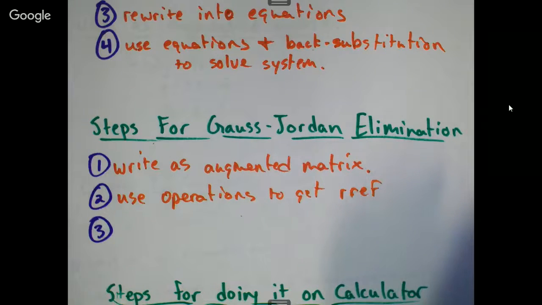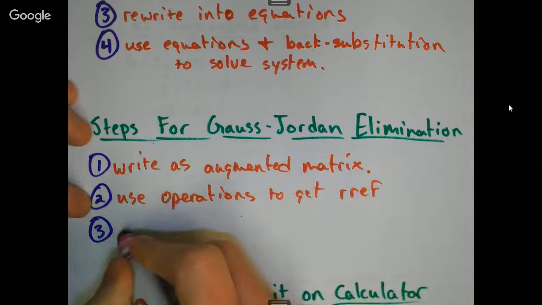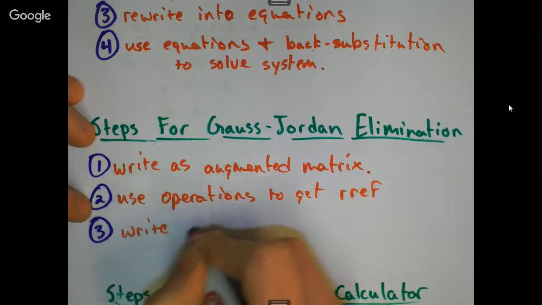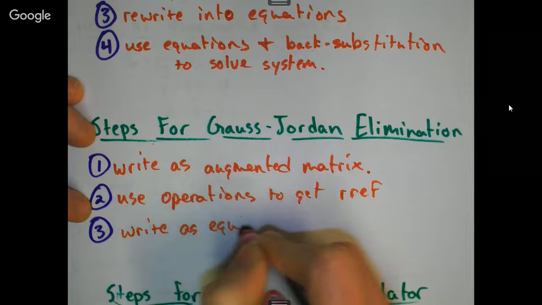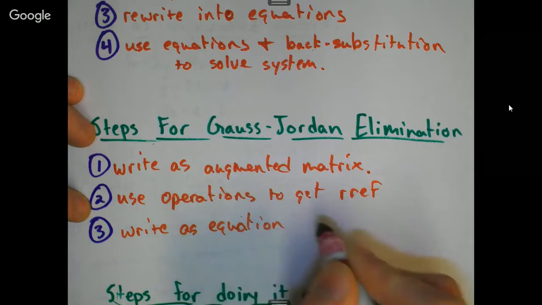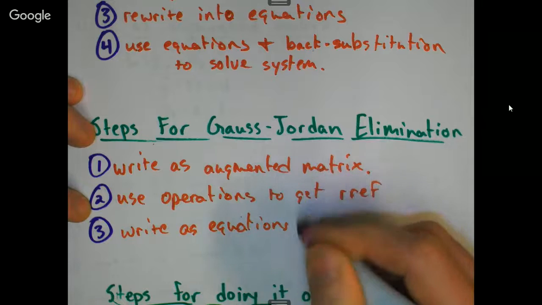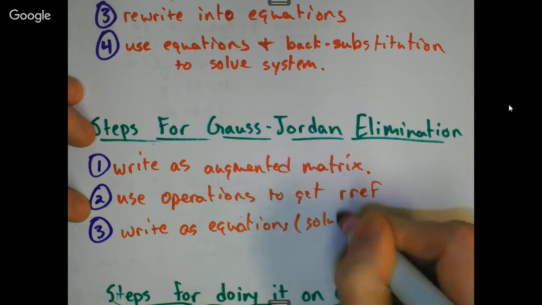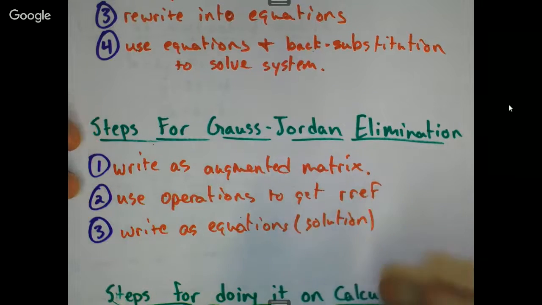Okay, and then step 3 is you're going to write it as equations, which will be your solution. Okay, so with this one, we don't have to have that back substitution at all.